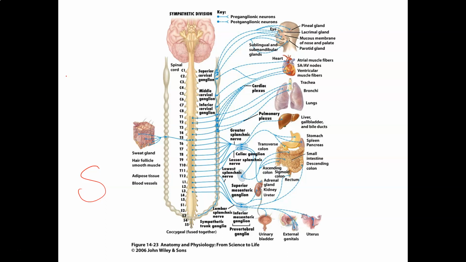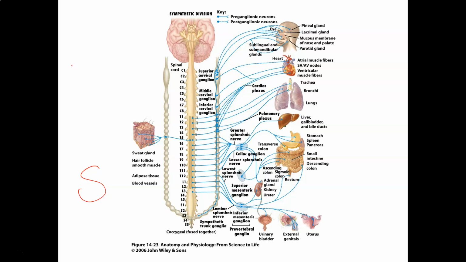We're not going to go into great detail, but I do want you to know where the neuron cell bodies are for the pre- and postganglionic motor neurons for the sympathetic. We're not going to trace the axons, although I will show you a picture of it, but you do need to know where the cell bodies are.